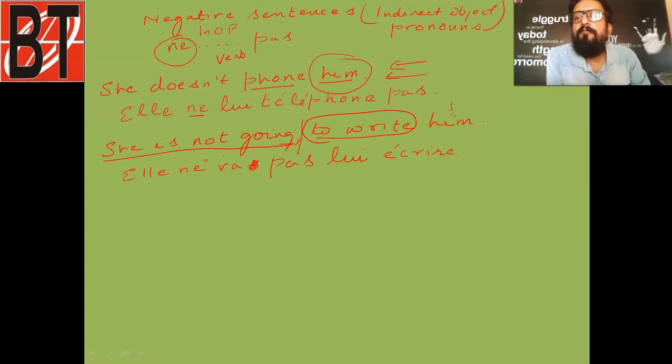There are certain verbs that are frequently used when you are writing the indirect object pronoun, and you know all these verbs, but still, for revision, I am writing them. The first is acheter. Acheter is to buy.